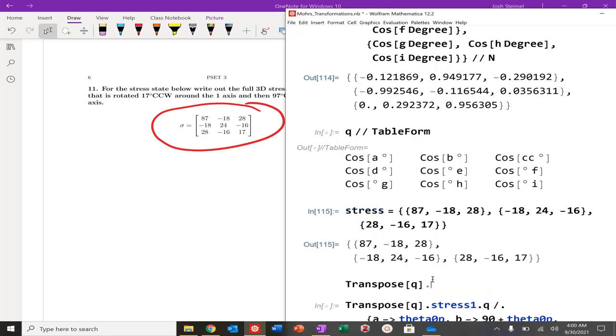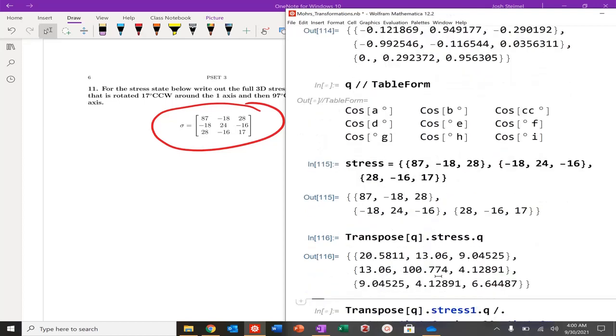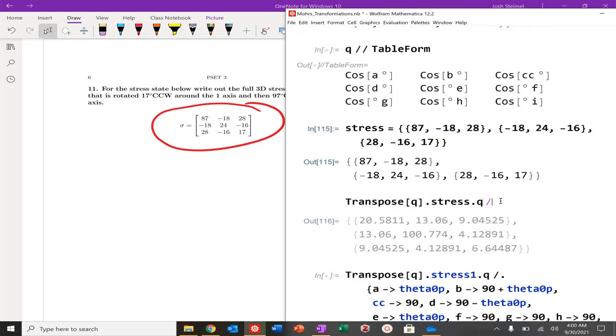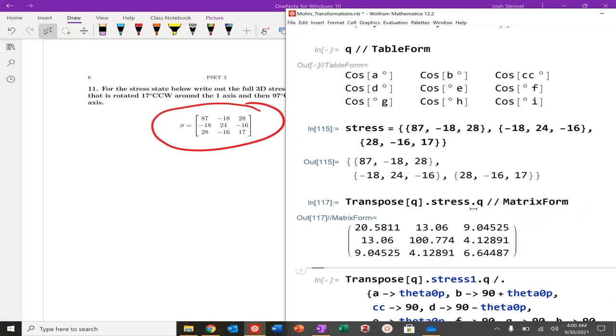So I can do transpose Q, stress, dot Q, slash dot. Okay, that's it. Let's look at matrix form. And that's our stress tensor.